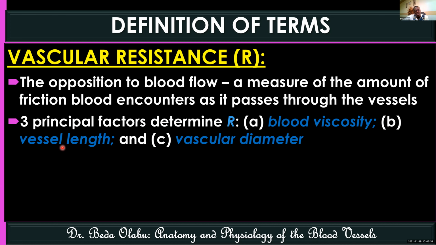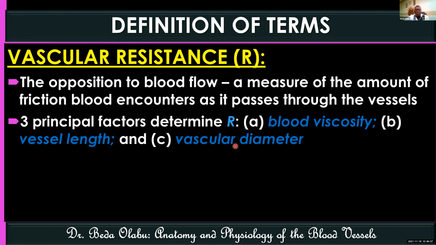The length of the blood vessel is also the second factor that will determine resistance to flow. The longer the vessel, the higher the resistance. The shorter the vessel, the lower the resistance. But most importantly, this one, vascular diameter.